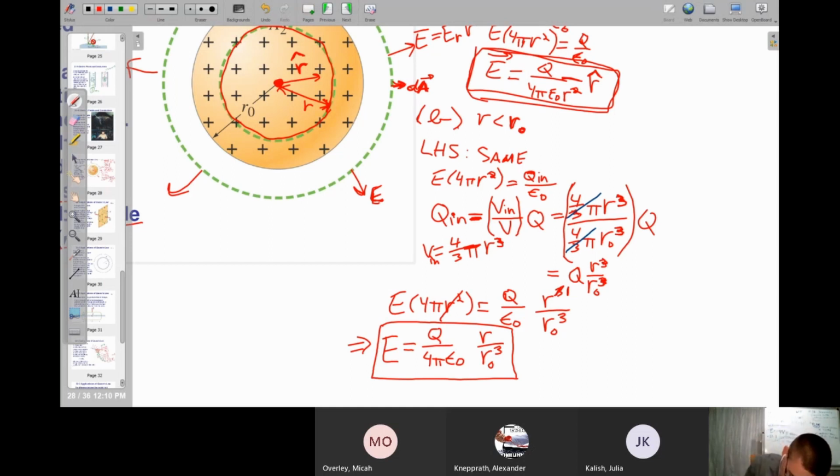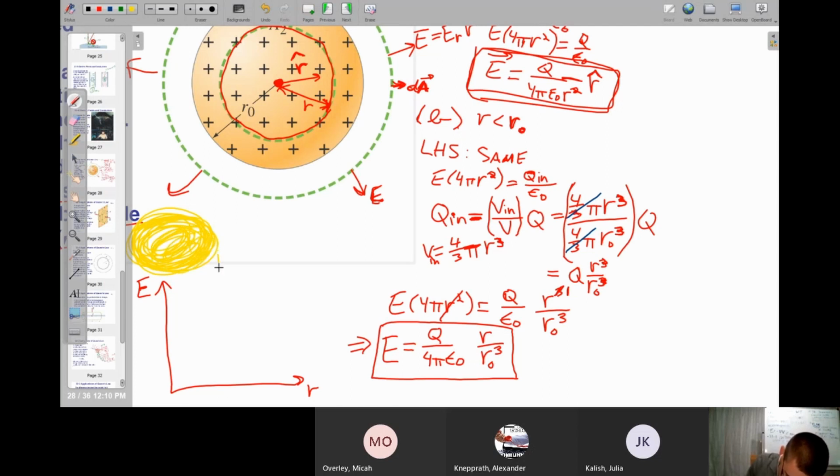So if I wanted to draw a plot of this, this is the axis r there, this is E here, and I have my sphere. Boy, that's one of the least spherical spheres that you could possibly imagine, but there you go.